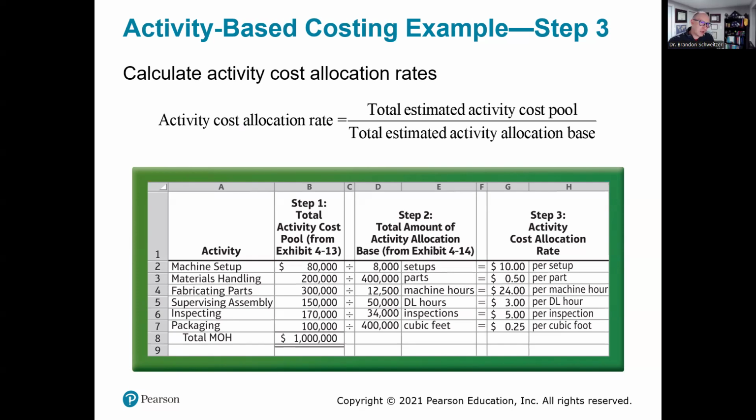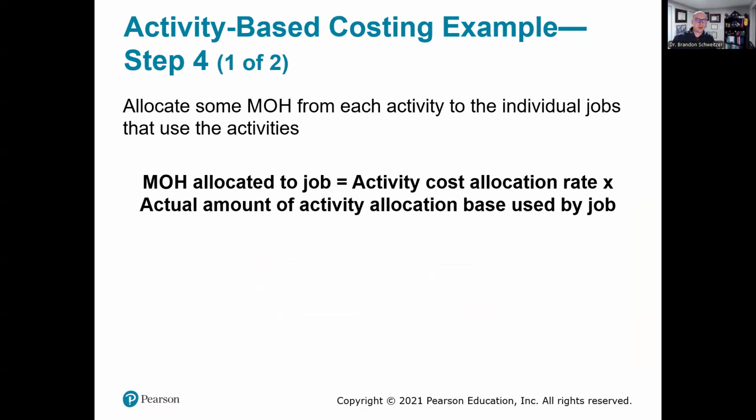So as we can see from our example in our Excel spreadsheet down below, we have a manufacturing overhead rate for each activity identified here in step three. And the fourth step is we're going to allocate some manufacturing overhead to each activity to the individual jobs that use those activities.